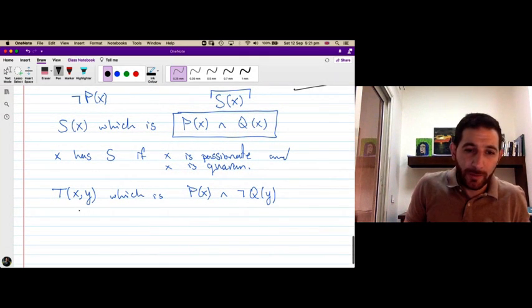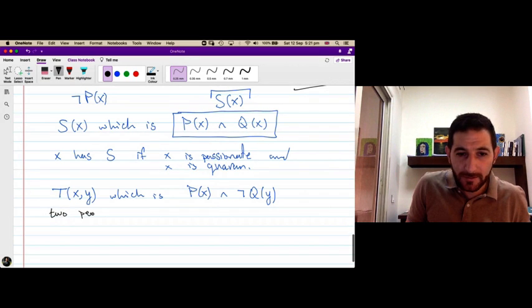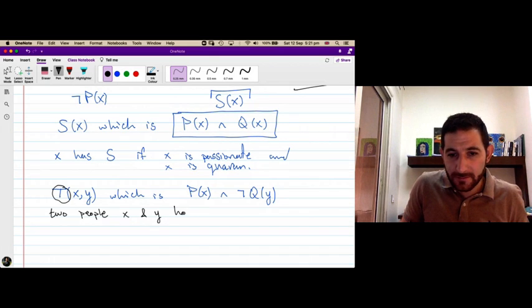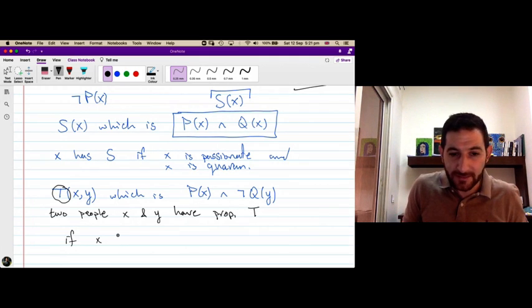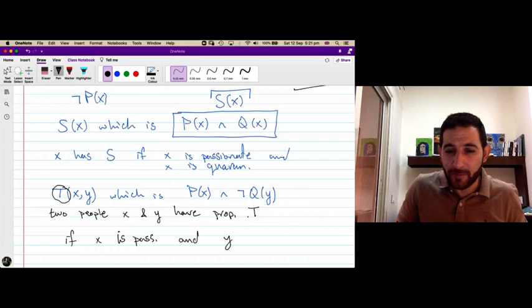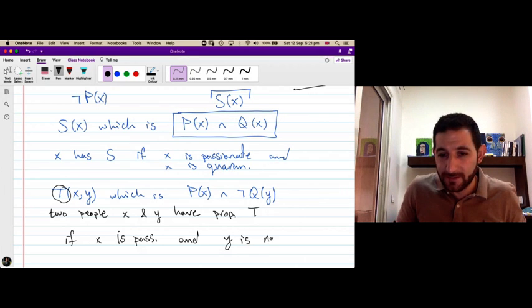And look here, two people, x and y, have property T if the first one, x, is passionate, and the second one, y, doesn't have property Q, is not quarantined.